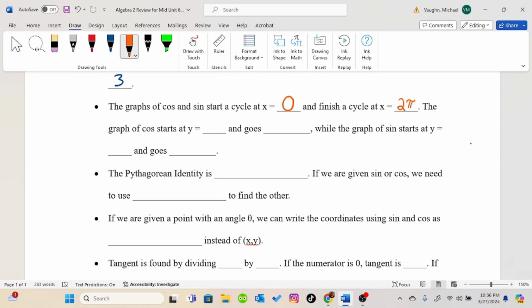The graph of cosine starts at y equals 1 and goes down, while the graph of sine starts at y equals 0 and goes up. So a cosine will start up and come down and back up, whereas a sine will start at the origin and go up, down, and up.